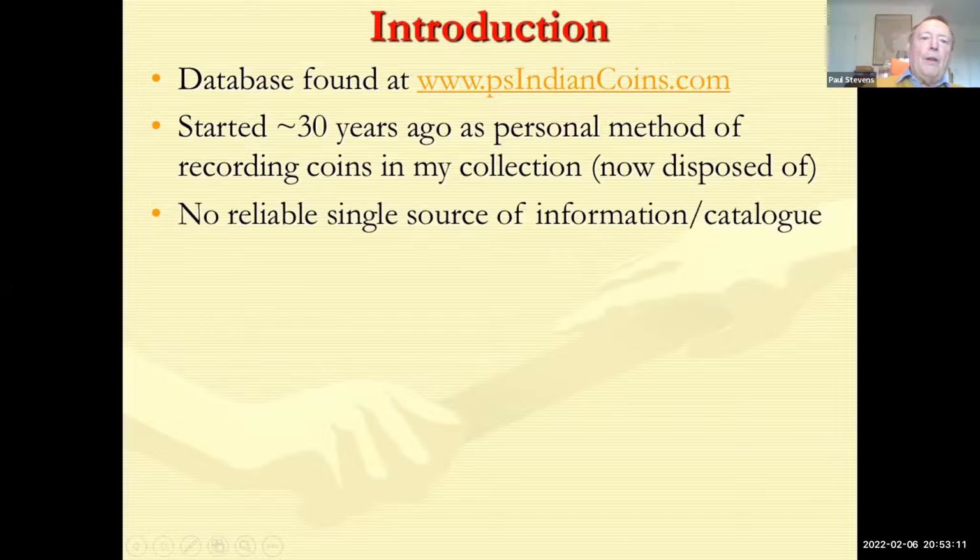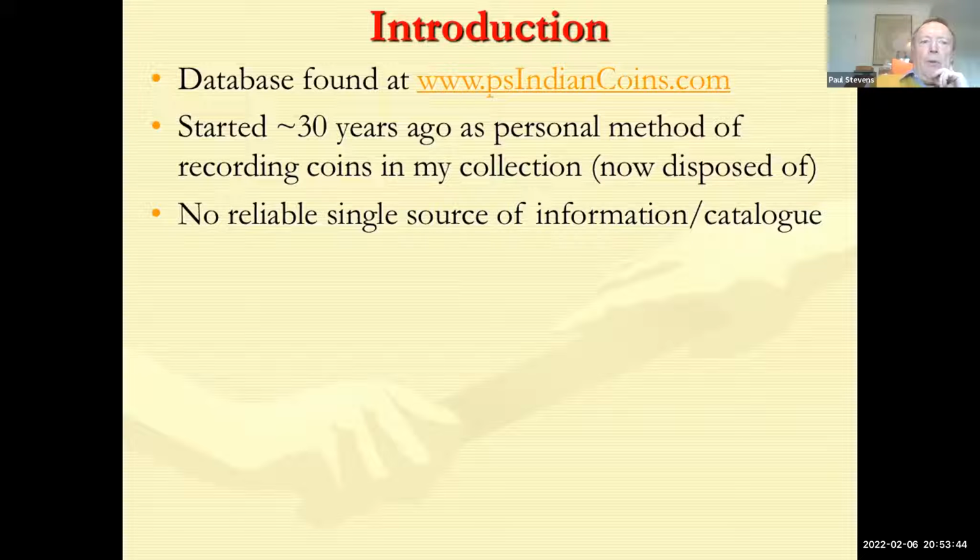Now, 30 years ago, and indeed even today, there was no reliable single source of information about Indian coins. So we had catalogues like Kraus Mishler, which is a bit unreliable, although it's quite a useful starting point. And obviously Pridmore for East India Company coins, which is what I was particularly interested in.